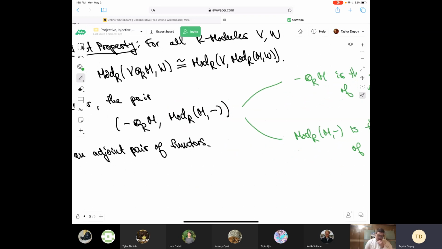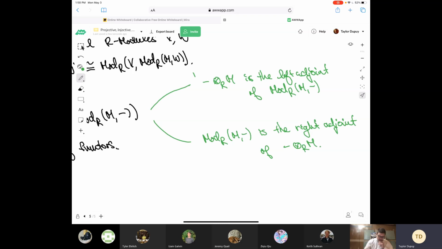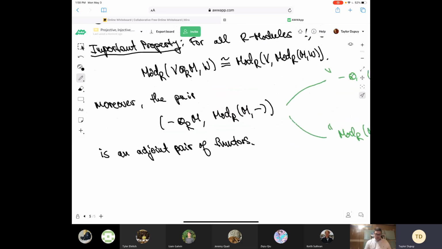These two expressions are equivalent, saying that one is the left adjoint and one is the right adjoint. Okay, so we have this adjunction.